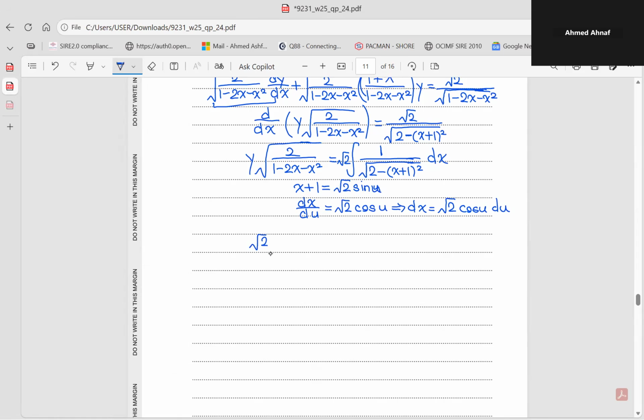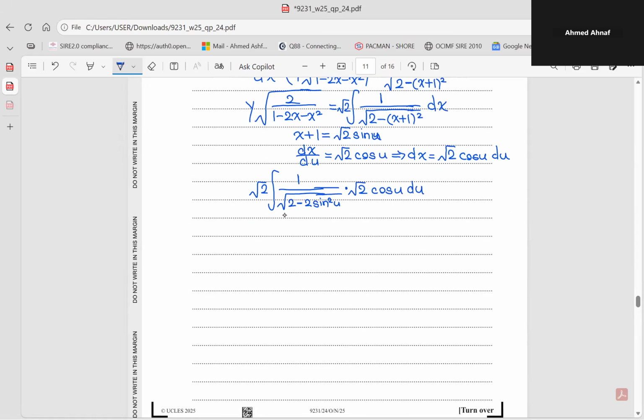Square root 2 integrate 1 over square root of 2 minus 2 sine square u times 2 cos u du.